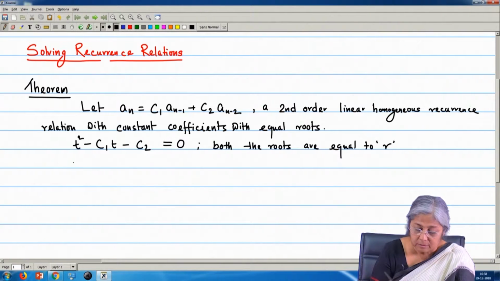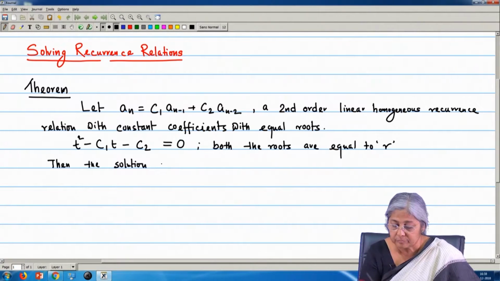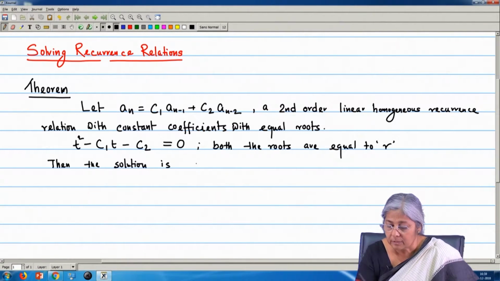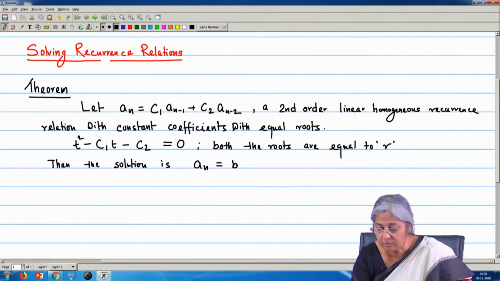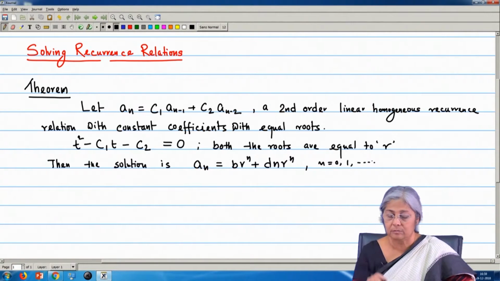Then the solution is of the form u n equal to b r to the power n plus d n r to the power n, where n equal to 0, 1 like that.